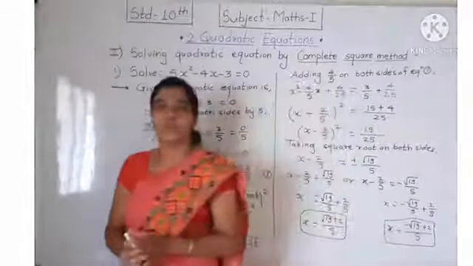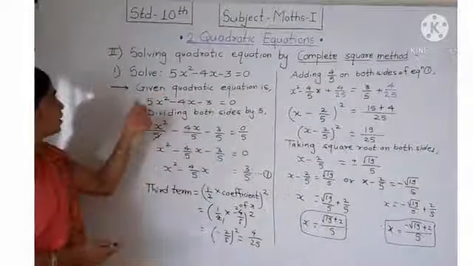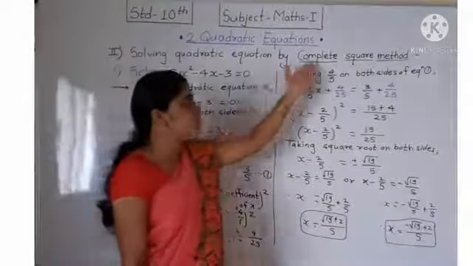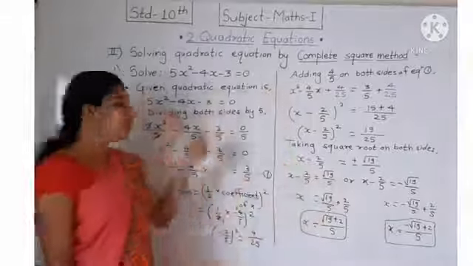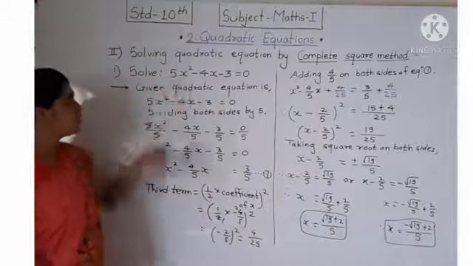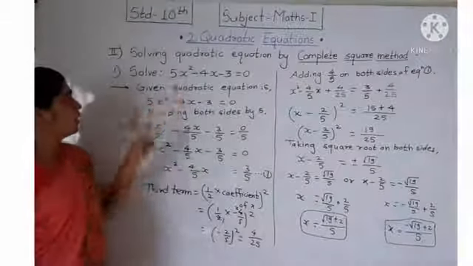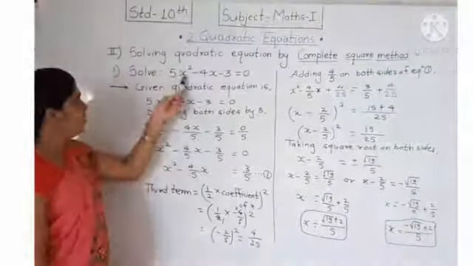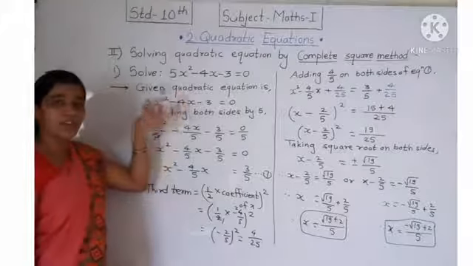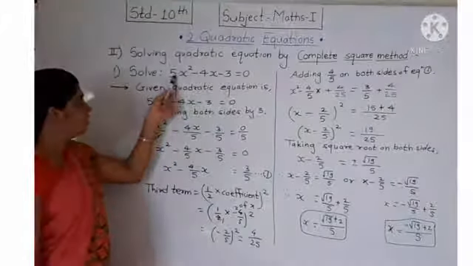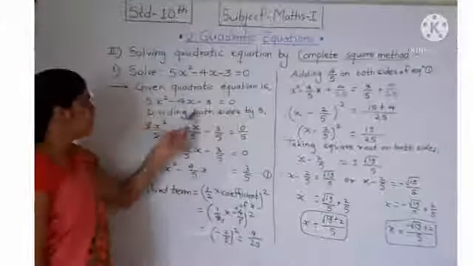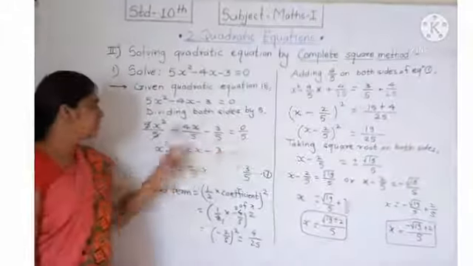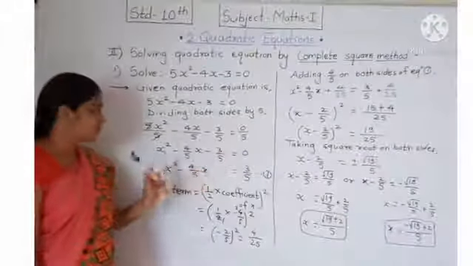Okay, students, for solving by the complete square method, you must remember the first step: the coefficient of x square must be 1. If it is not 1, then first make it 1. Here the coefficient of x square is not 1, so divide by 5 on both sides, and we get the quadratic equation.